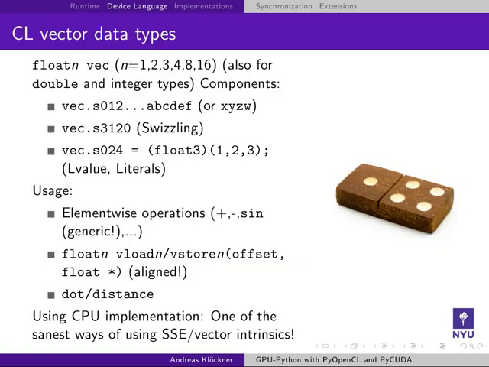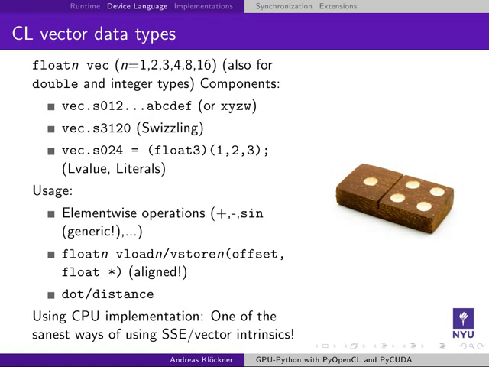Now, as I said, vector data types. Why are those useful? First of all, what do they do? You say float n or double n or what have you, or uint4 for unsigned int 4. The numbers that are allowed for n are 1, 2, 3, 4, 8, and 16. No others? Just 12? You can get to the components by saying dot s and then indexing 0, 1, 2, a, b, c, d, e, f.